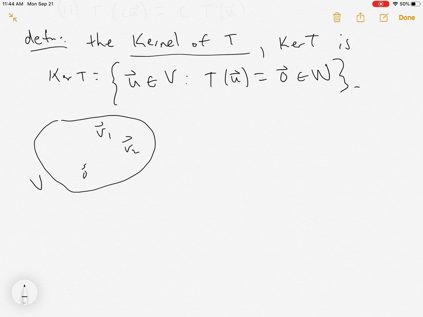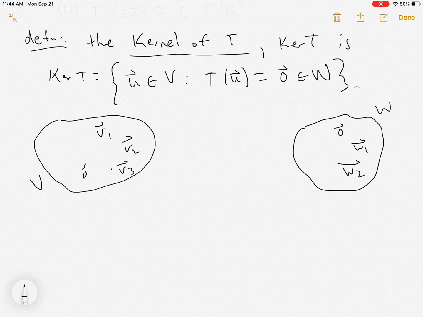And then over here, we've got W. And W has its 0 vector and some other vectors. And so here's another V3. So T takes V into or onto W, depending.